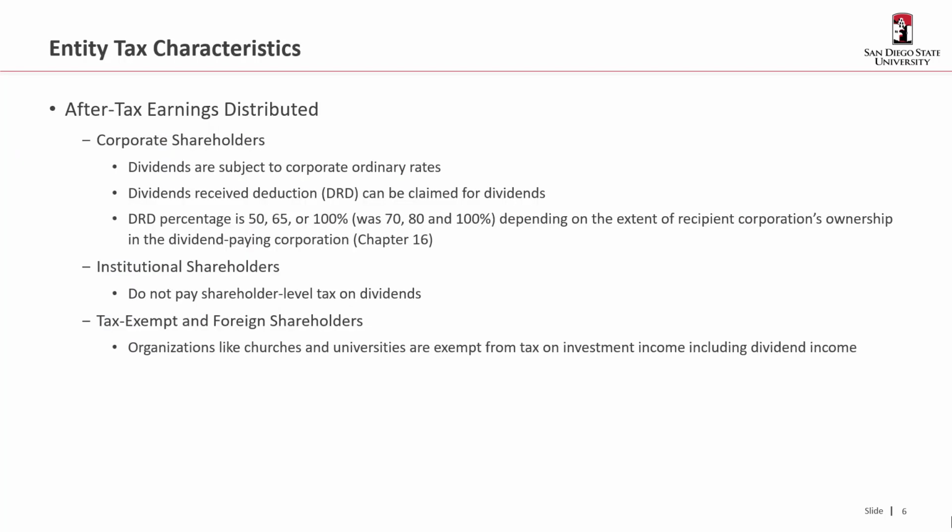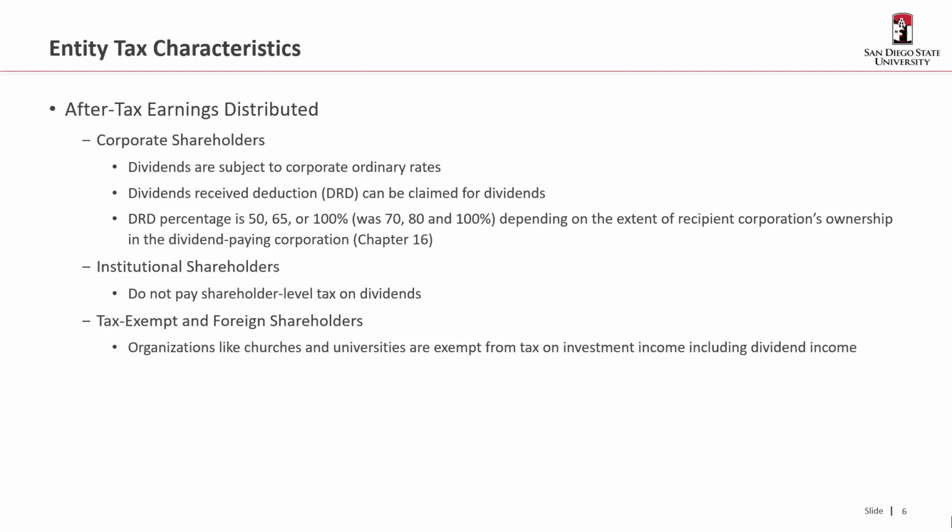Okay, so a little bit more about these after-tax earnings that are distributed. For a corporate shareholder, those are typically dividends. If it's a corporate shareholder, those dividends are subject to corporate ordinary rates, meaning there's no special rate, there's no preferred rate if a corporation is receiving the dividends.